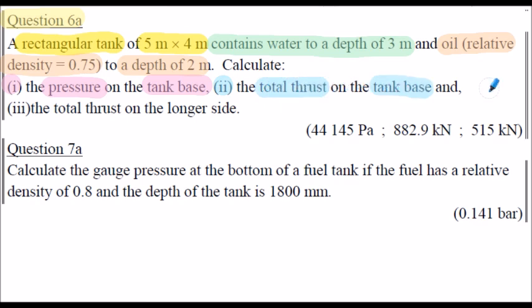I know that thrust in this context is actually the force on the base of the tank. And part 3, we've got to find the total thrust, total force on the longer side of the tank. Answers are shown in the brackets here.